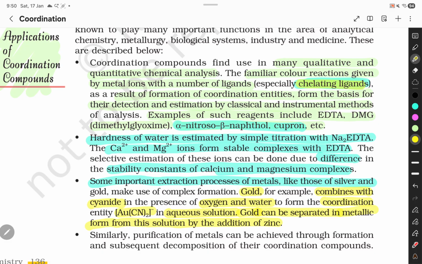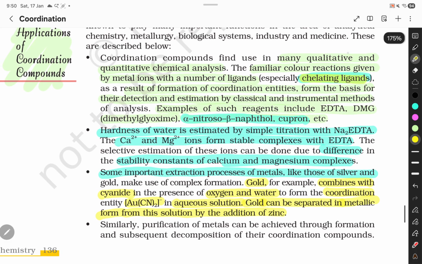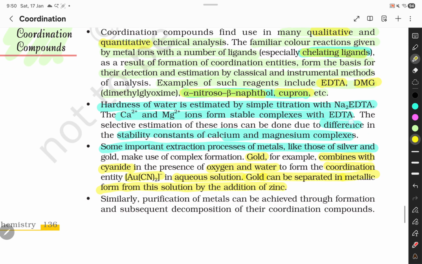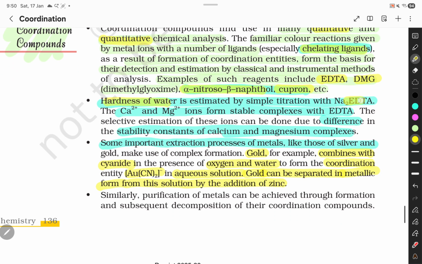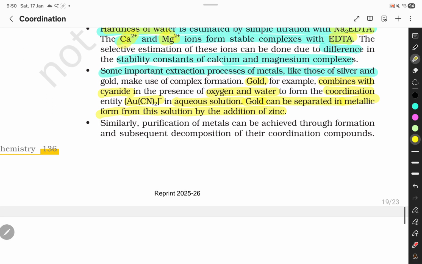So they have said that chelating ligands are majorly used in qualitative and quantitative analysis due to the formation of colored compounds, including EDTA, DMG, alpha nitroso beta naphthol, cupron. Hardness of water is estimated by Na2EDTA titration, because Ca and Mg form stable complexes with EDTA, and they can be separated easily because Ca and Mg form different stable compounds.